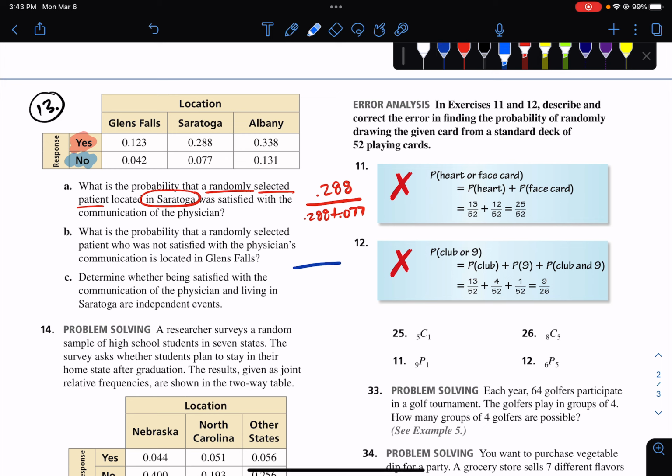So I'm going to take all the not satisfied people and add those together. 0.042 plus 0.077 plus 0.131. That's going to be my bottom number. So out of the not satisfied people, what's the probability that someone is from Glen Falls? So I go back to my chart and I find the Glen Falls people who are not satisfied, and that's going to go on top.